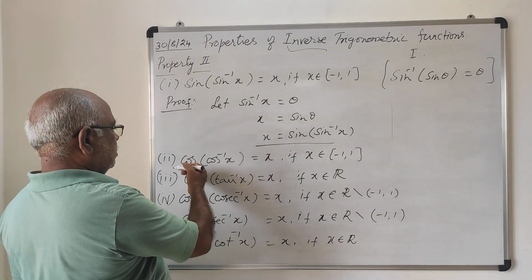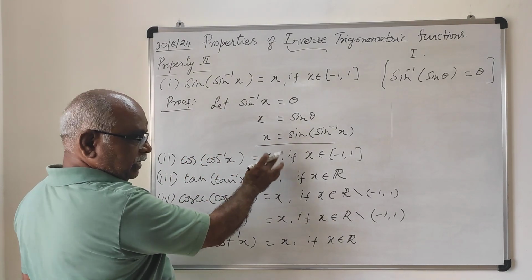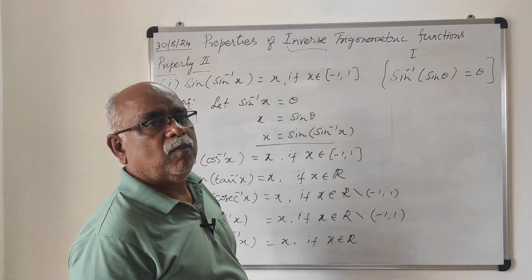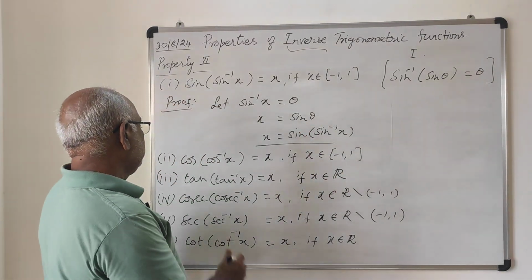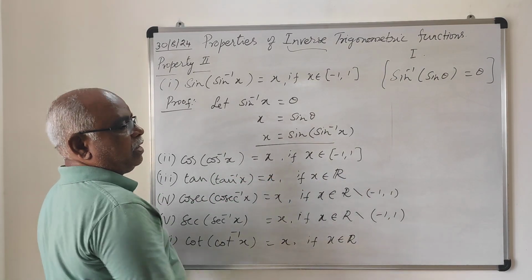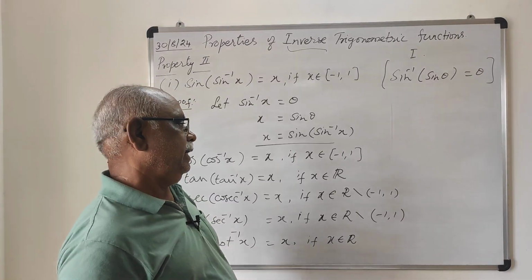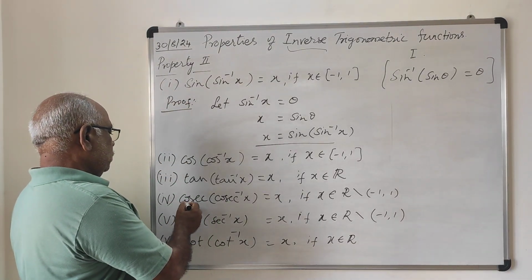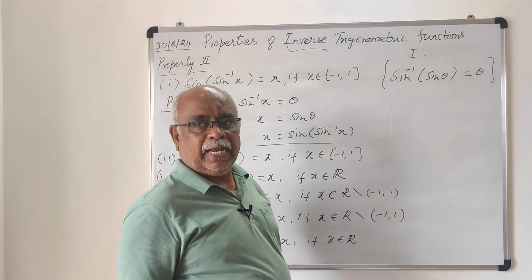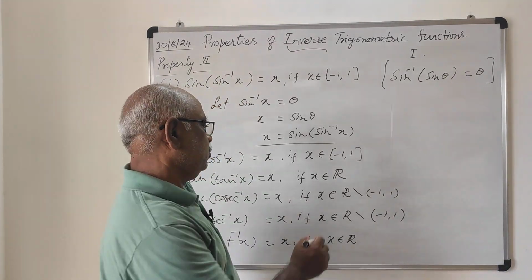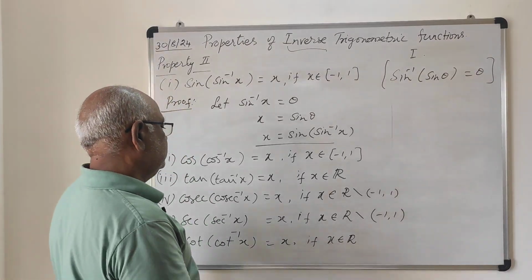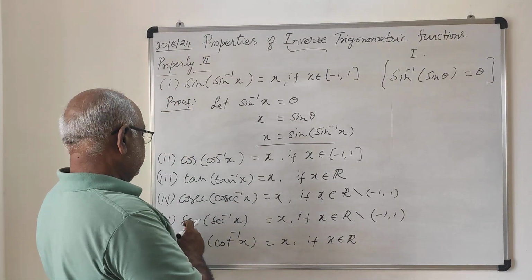Second result is cos of cos inverse of x is equal to x, where x belongs to the closed interval minus 1 comma 1. Third one is tan of tan inverse x is equal to x if x is on the real line. Fourth one, cosecant of cosecant inverse x is x if x belongs to the real line except the open interval minus 1 comma 1, which is the domain of cosecant inverse x.